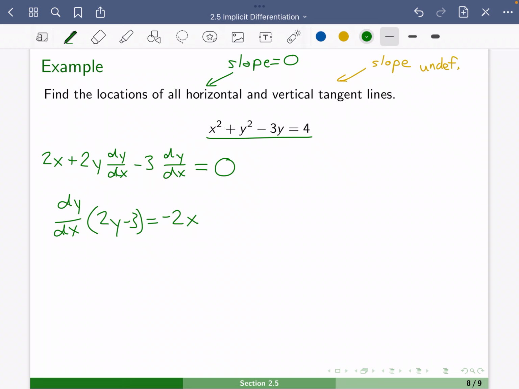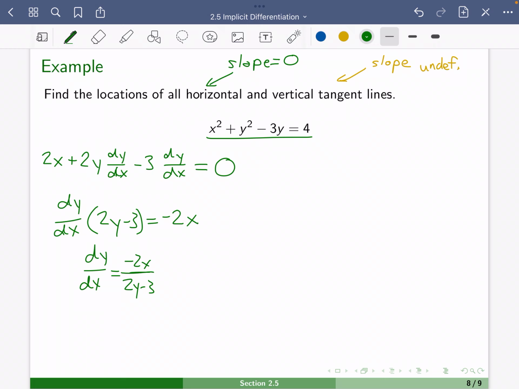Divide by that 2y minus 3. So dy/dx is negative 2x over 2y minus 3. Great, so that is our derivative.